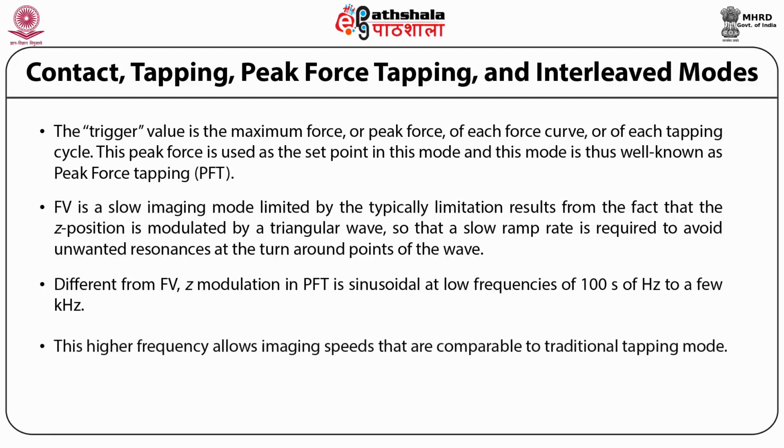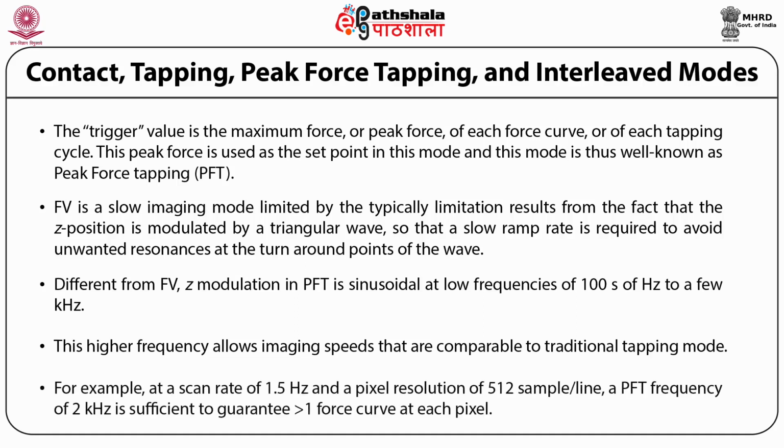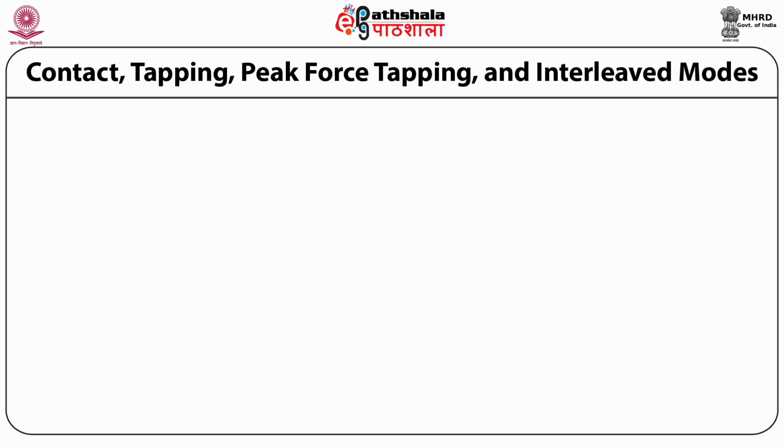This higher frequency allows imaging speeds that are comparable to traditional tapping modes. For example, at a scan rate of 1.5 Hz and a pixel resolution of 512 samples per line, a PFT frequency of 2 kHz is sufficient to guarantee more than 1 force curve at each pixel.